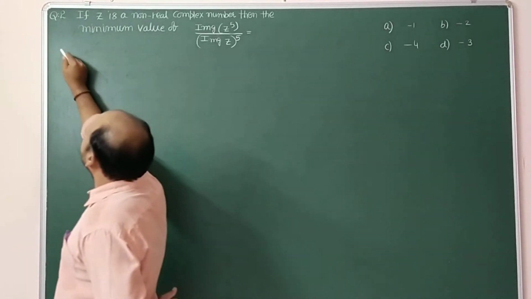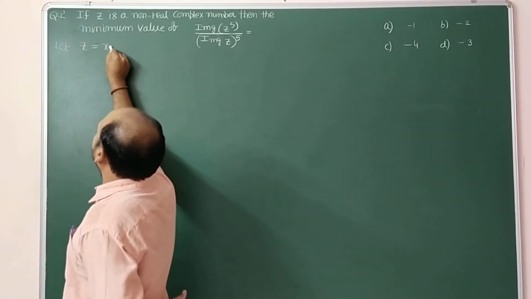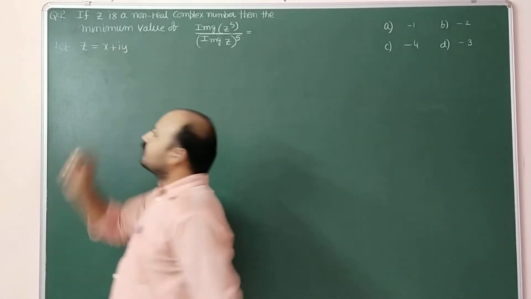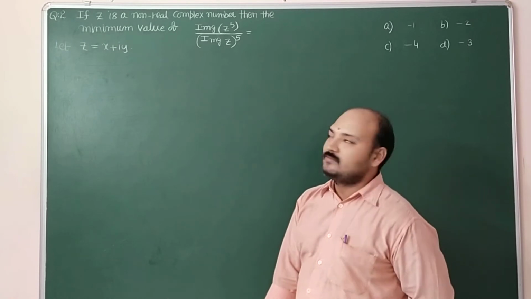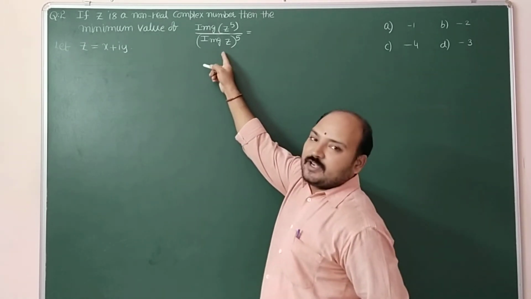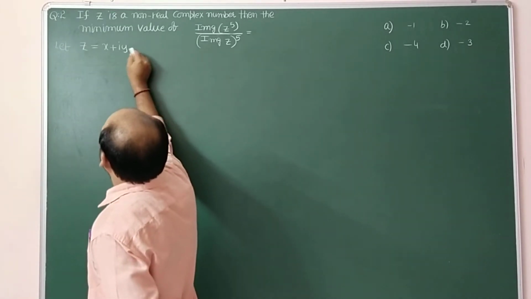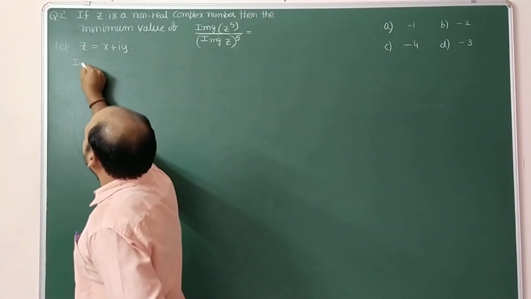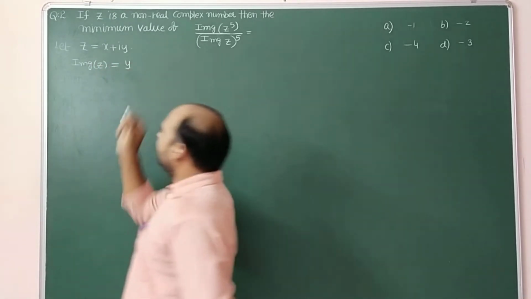So let z be equal to x plus iy. What is the imaginary part of z? The denominator is the imaginary part of z whole power 5. In this, the imaginary part of z is equal to y.